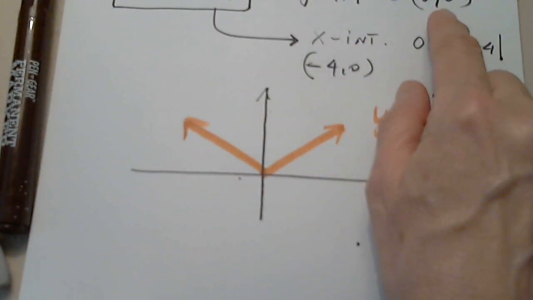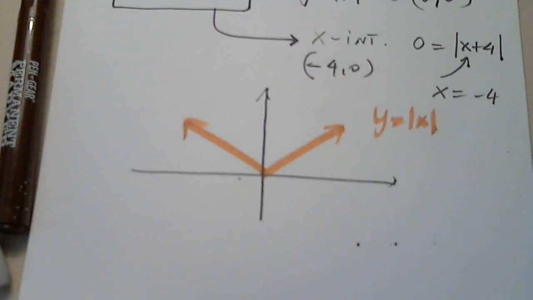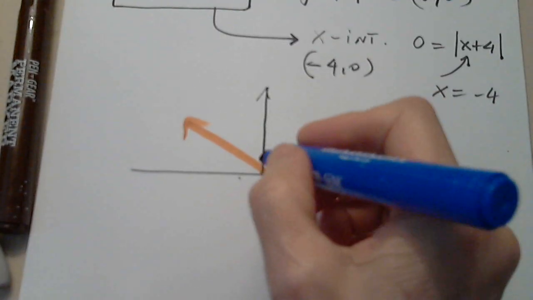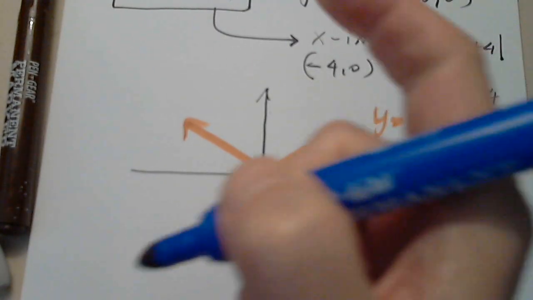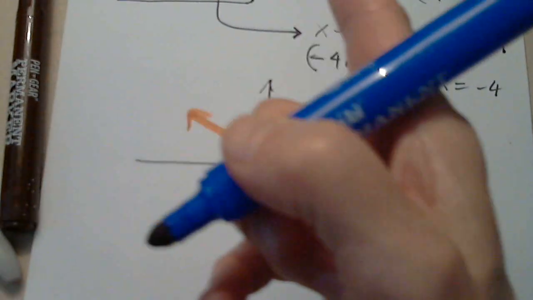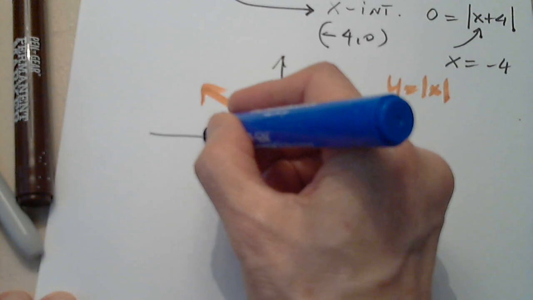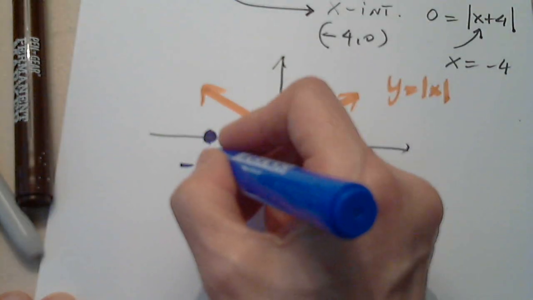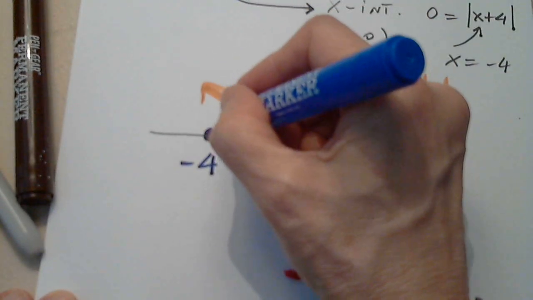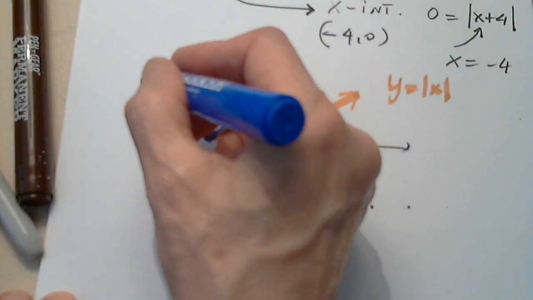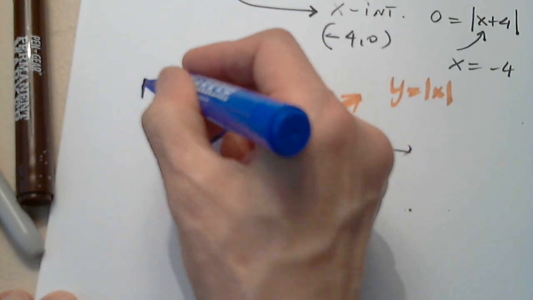The original graph has the x-intercept here, as you mentioned. The new graph has the x-intercept here at -4. So therefore, this is the graph. It's a horizontal shift.